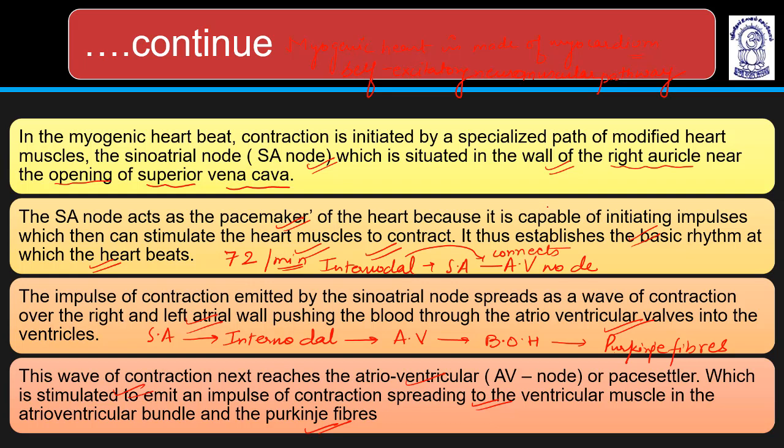Then comes the atrioventricular node, which is known as the pacesetter, which is stimulated to emit an impulse of contraction spreading to the ventricular muscle in the atrioventricular bundle or Purkinje fibers.